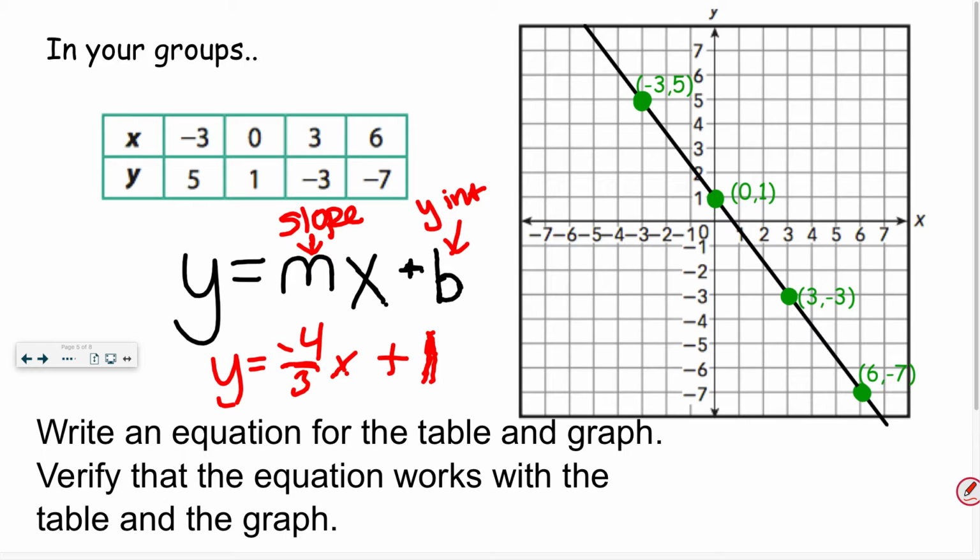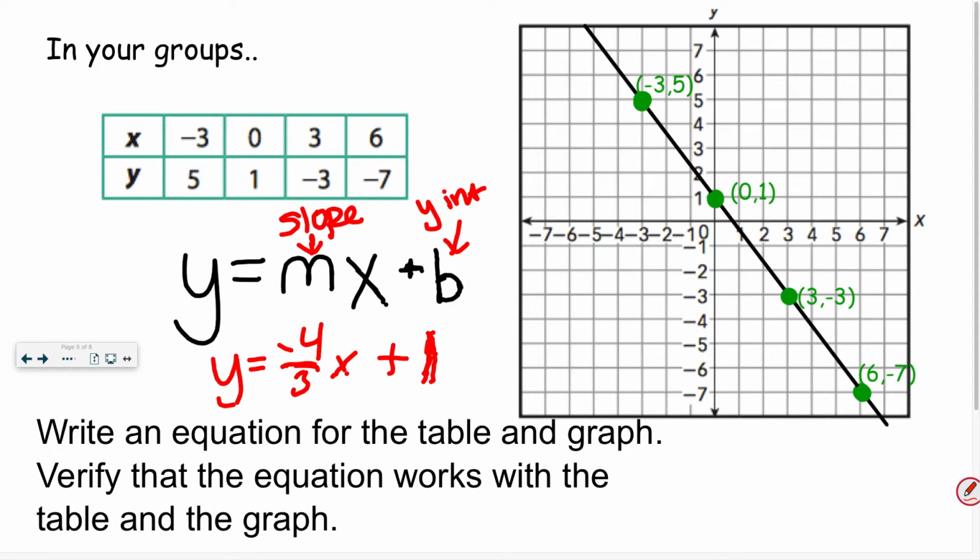Then from there you can go down 4 and over 3, and that gives us another point on our line. The slope is not a point on your line. The y-intercept is a point on the line, and from there you can move to find the next point.